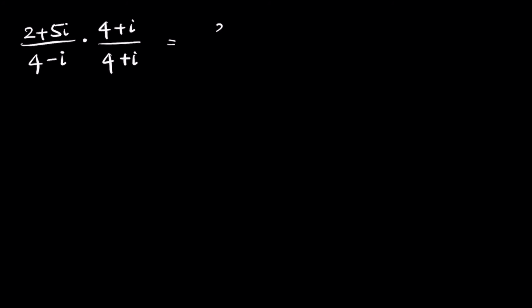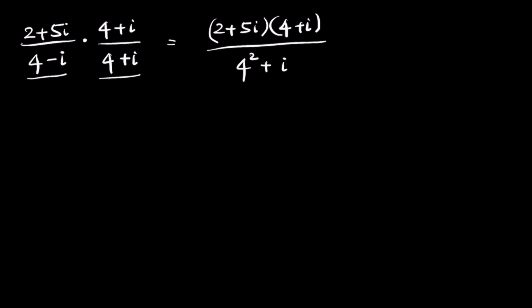So now we have 2 plus 5i times 4 plus i over, remember the formula, a plus bi times a minus bi is a square plus b square. So here a is 4 and b is 1. So you get 4 square plus 1 square.